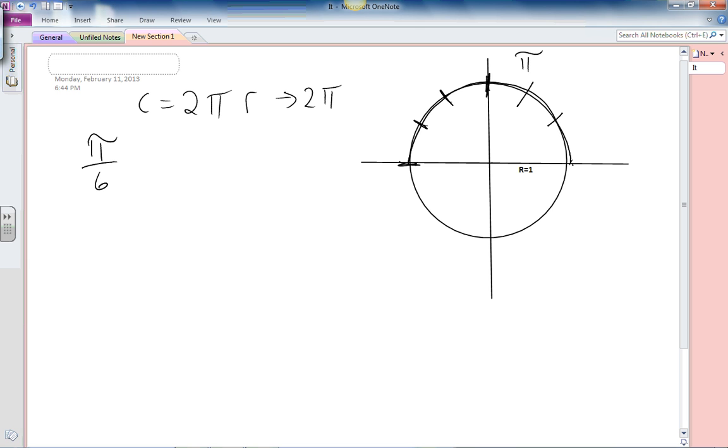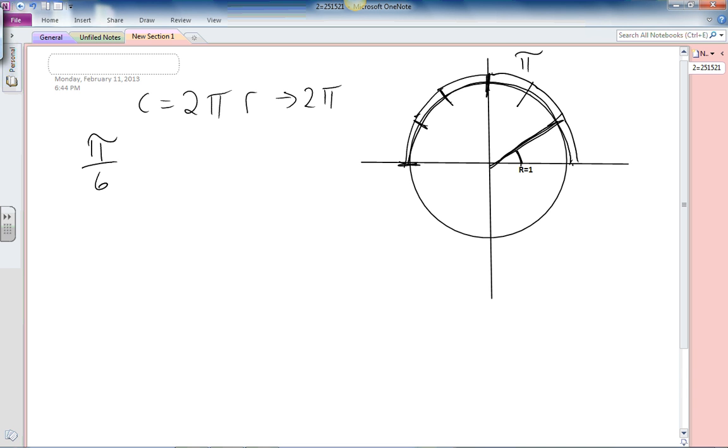So if I've divided it into 6 equal parts, this angle right here would be a 30-degree angle. I'd have 30 degrees, 60 degrees, 90 degrees, 120 degrees, 150 degrees, 180 degrees. So all of those would be 30-degree slices.